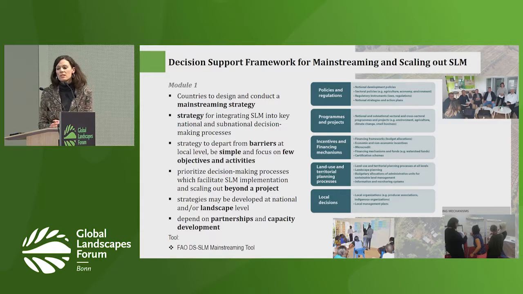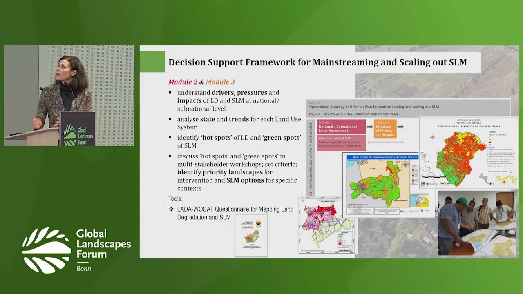Several of these processes have been defined as key for scaling up and scaling out sustainable land management. You will hear from the countries that, depending on what they have developed, this could be either at the landscape level or they really took it up even to the national level, these strategies. And all really based on partnerships with different institutions and on capacity building.